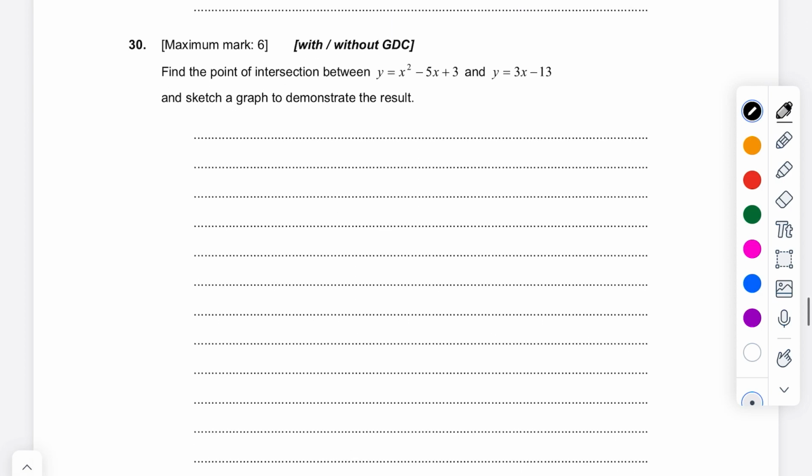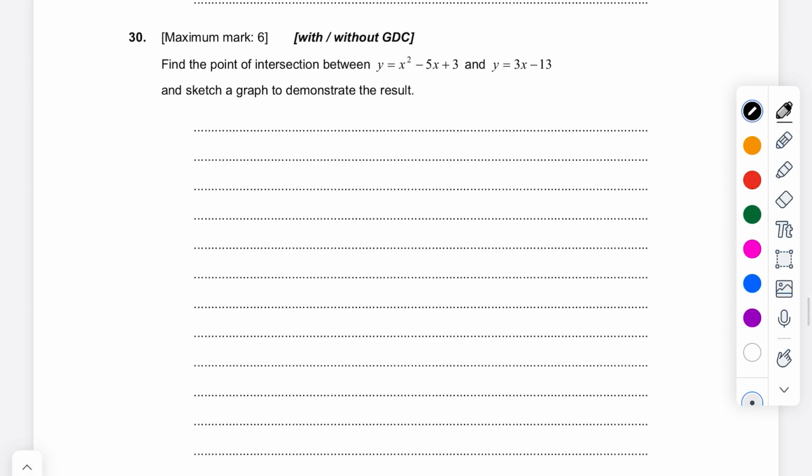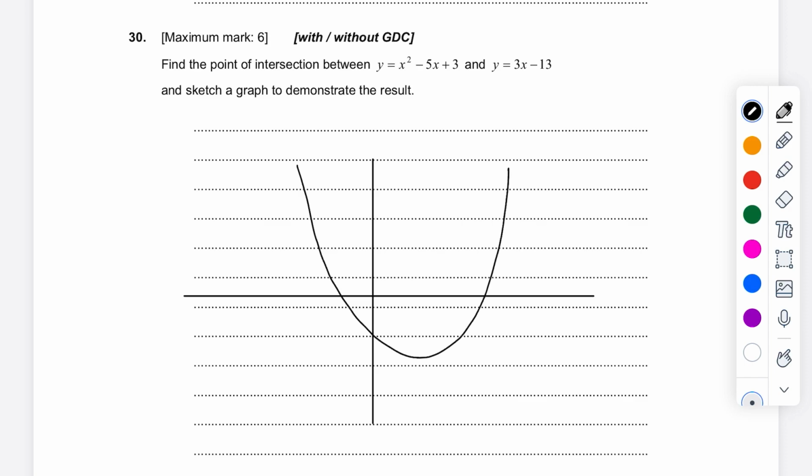Find the point of intersection and sketch the graph to demonstrate it. So again, I'm drawing the graph over there. That's a parabola and it comes over here. And the point of intersection is (4, -1).